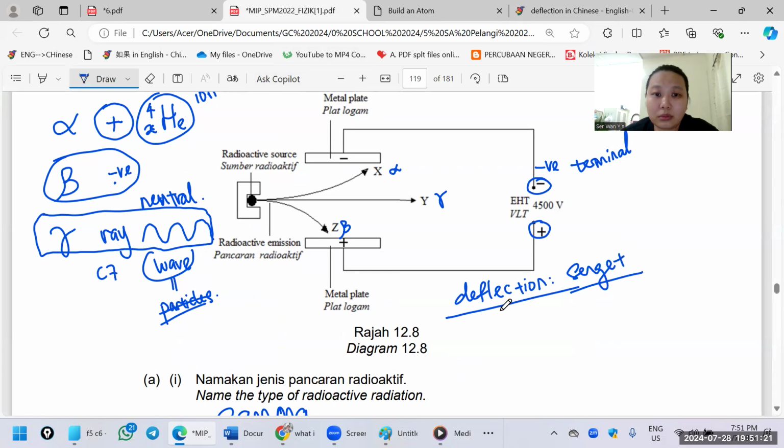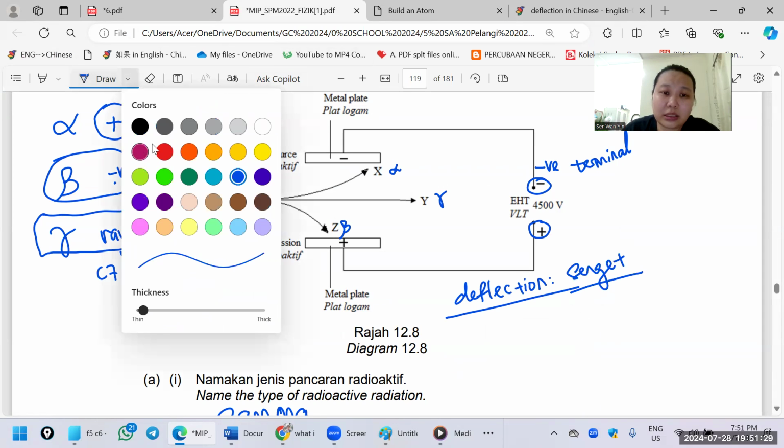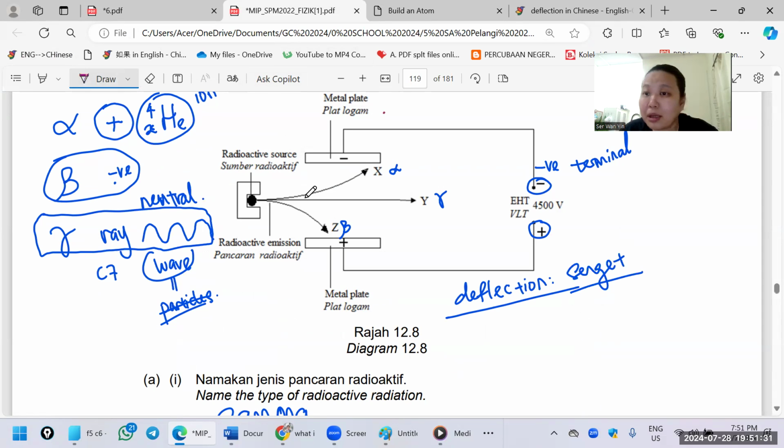So which one bends the most, the X or the Z? So actually, if I mirror it down, so this X, I mirror it down. Okay, let's say X like that. Which one deflects more, Z or X?